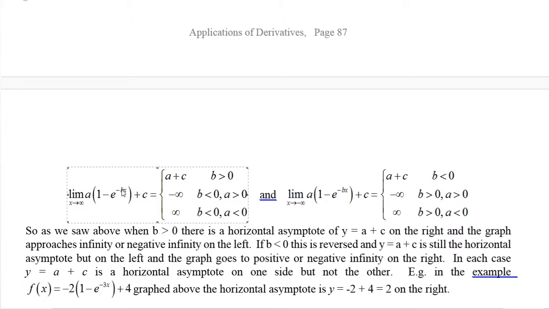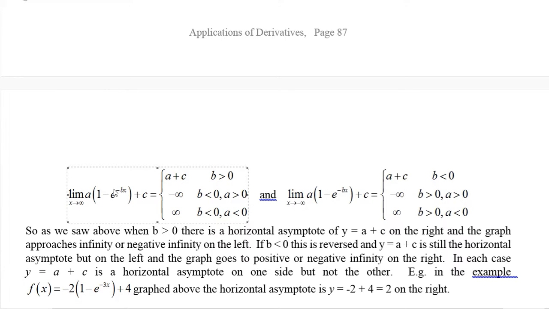Now, if b is positive, let's take that case first, then the opposite of b would be negative, and we put in a larger and larger positive value for x. This power then is a negative power getting larger and larger in absolute value. And so e to the negative something, it's like e to the negative infinity. That's approaching 0.